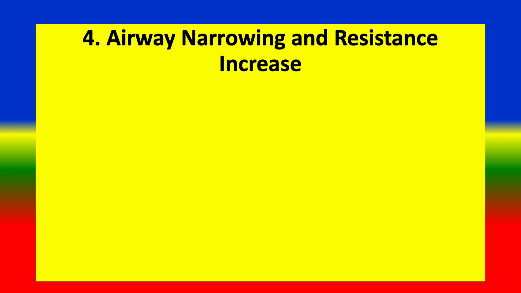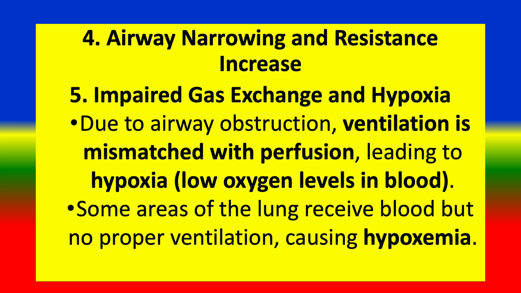Airway narrowing and resistance increase. 5. Impaired gas exchange and hypoxia due to airway obstruction. Ventilation is mismatched with perfusion, leading to hypoxia, low oxygen levels in blood. Some areas of the lung receive blood but no proper ventilation, causing hypoxia.